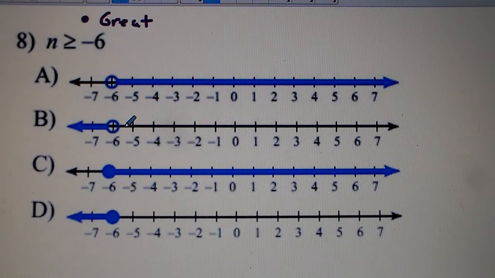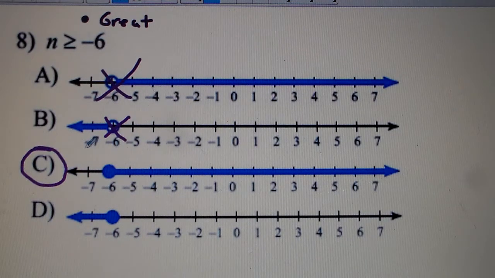Well, this is a -6, that's a -6, that's a -6, that's a -6. So at least the dots are on the correct number here for every single one. And we know it's a closed circle, so A and B can be eliminated because this needs to be a closed circle. And greater than is to the right. So our answer is C.